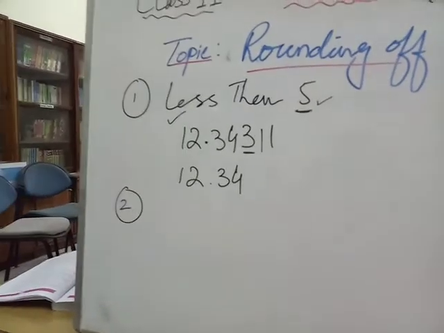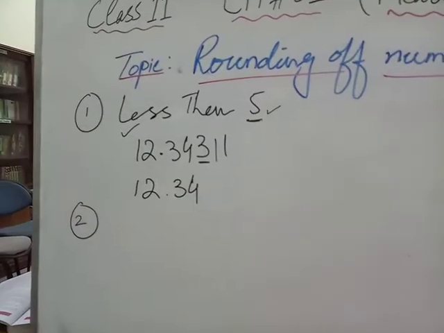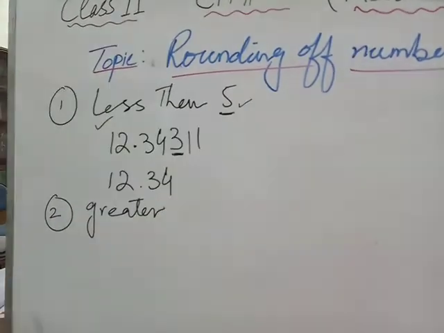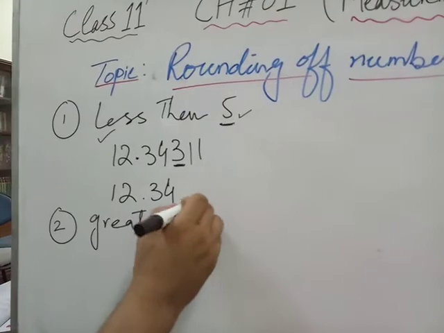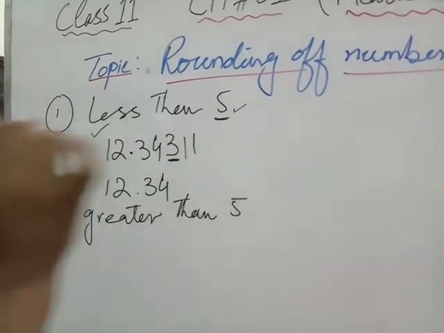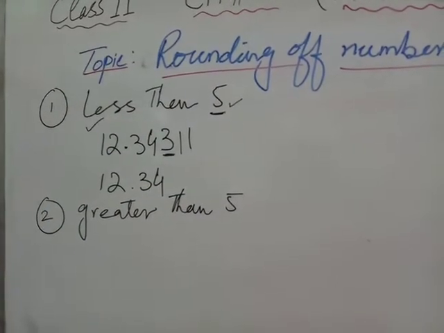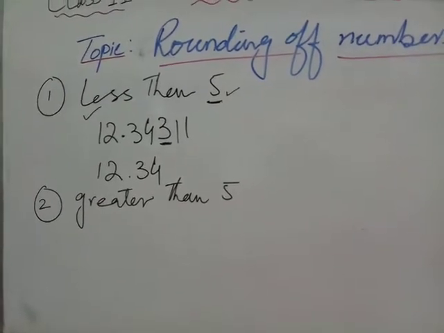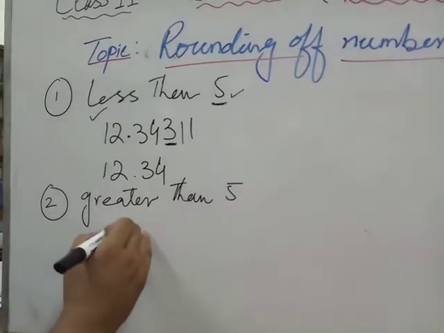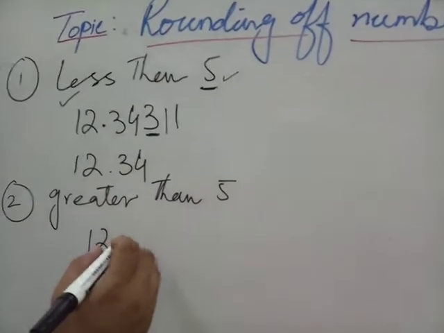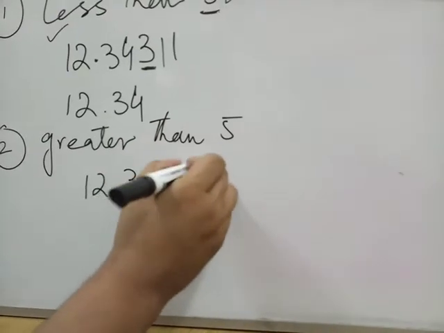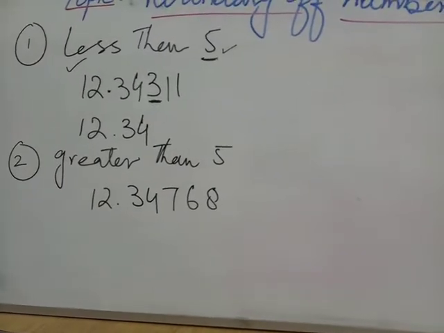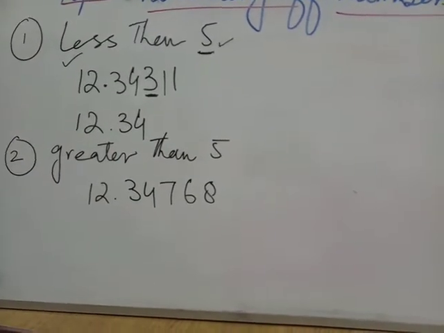Rule 2 is, if the dropping digit is greater than 5, then 1 is added to the last retained digit. Like we have a value 12.34768, which is required to be rounded off up to the second decimal place.